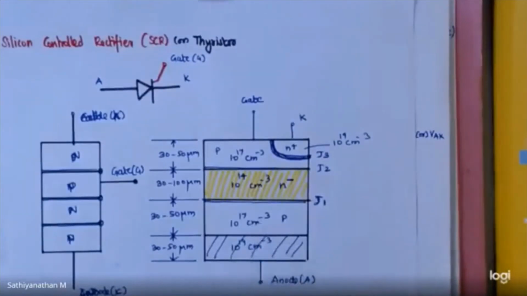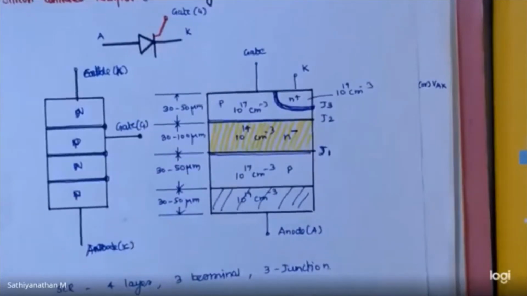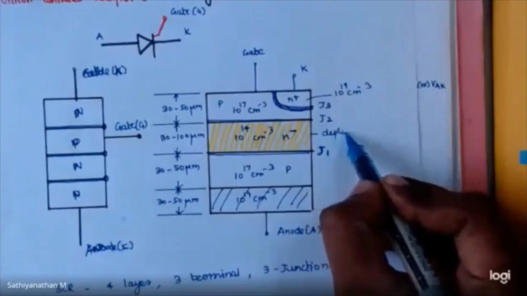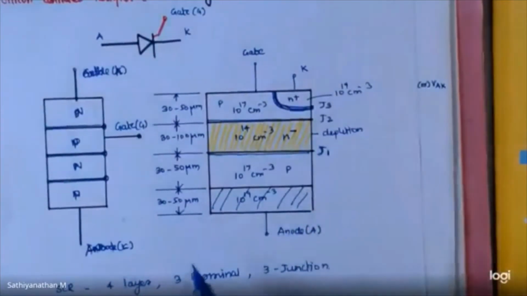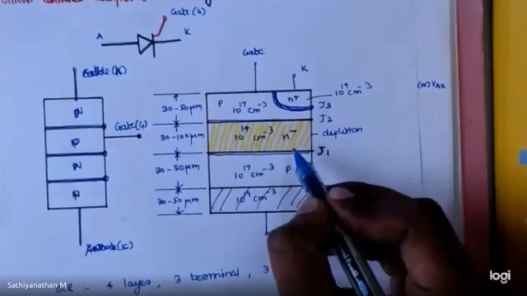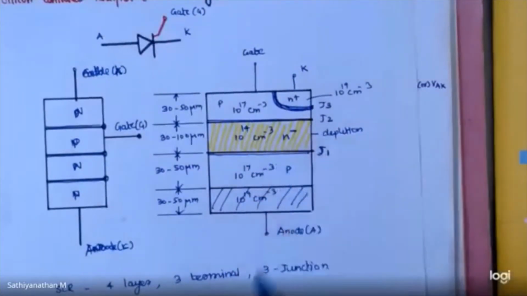The silicon controlled rectifier is a 4-layer, 3-terminal and 3-junction device. This layer is called the depletion layer or drift layer, which decides the power rating of the device. It has a lightly doped N- layer, with a concentration of 10 power 14 centimeter minus 3.